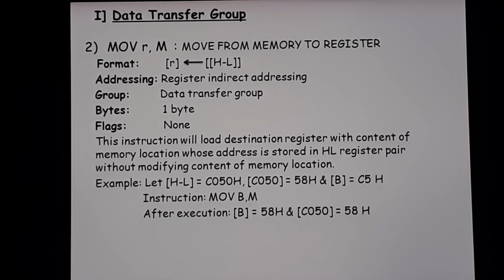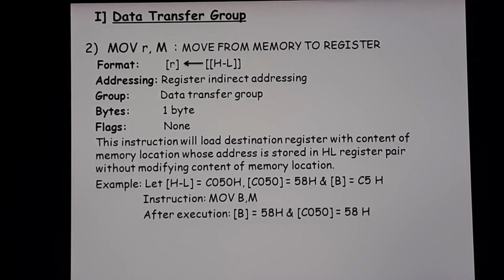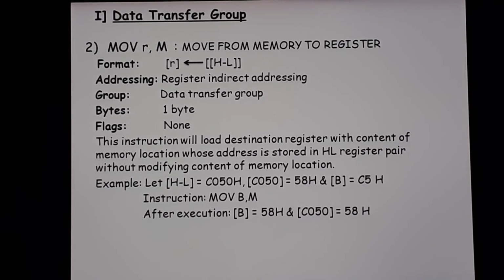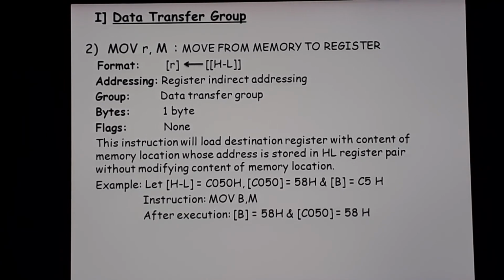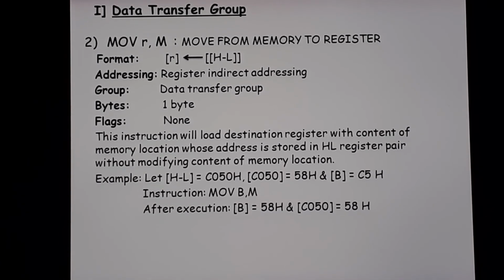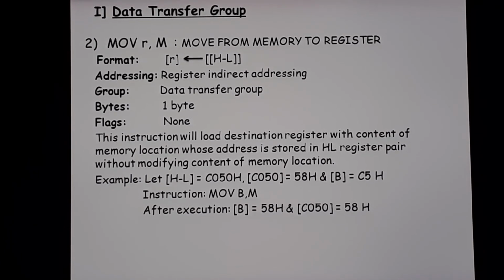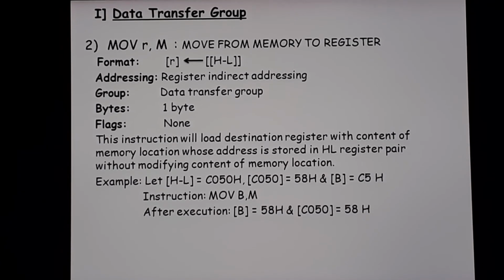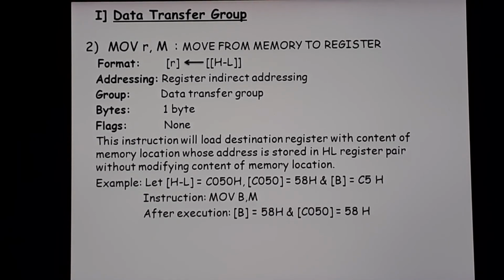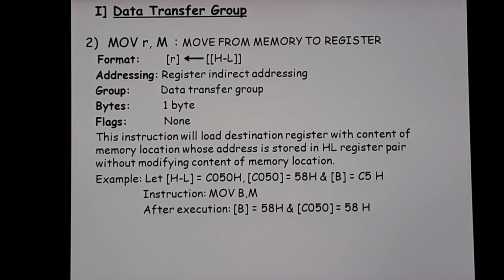Okay, then you need to assume those 4 numbers, that 16-bit digit, into 8-bit. Why? Because you have to transfer that memory content to register, and since register can only store 8-bit, so hence you need to assume that 16-bit into some 8-bit data.